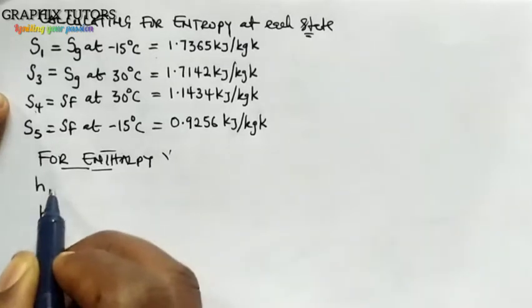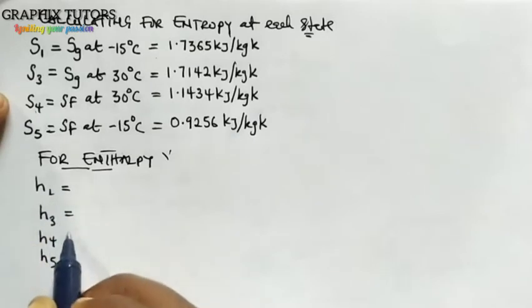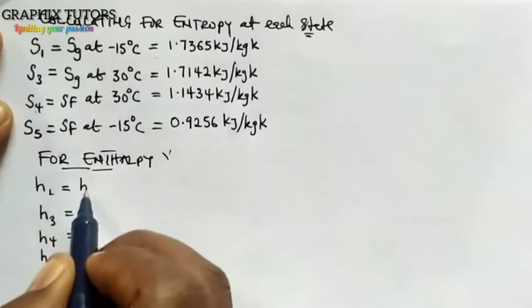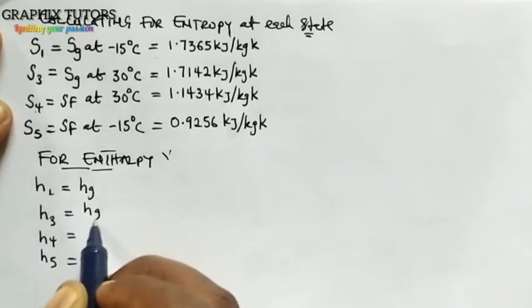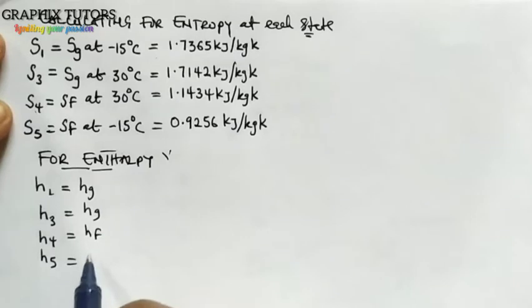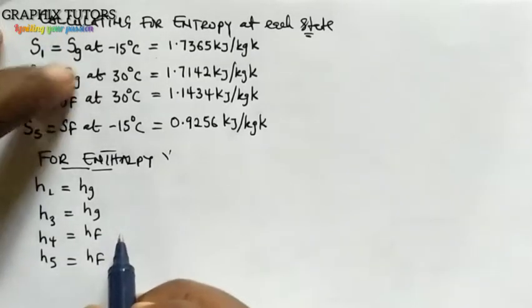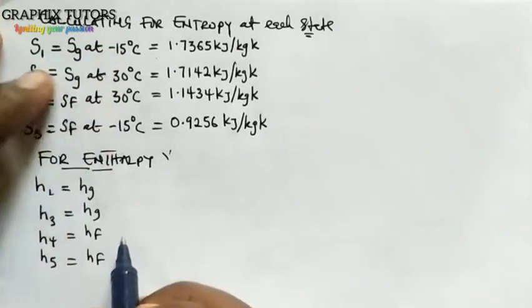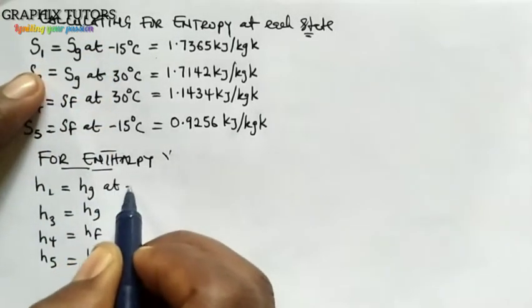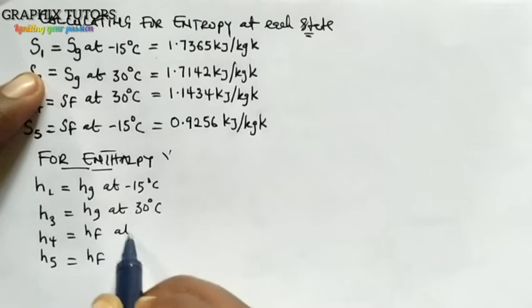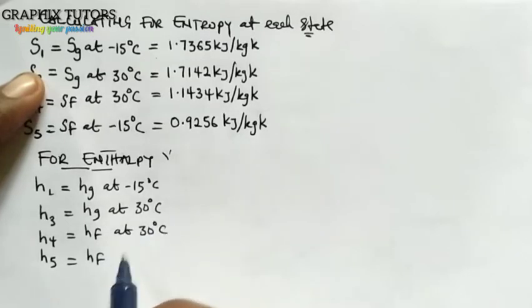H5. Just like we have SG, we'll be having HG, HG, HF, and HF. Just like this. But you change the value to H. Now, just like we have minus 15, 30, 30, minus 15, we also have at minus 15 degrees Celsius, at 30 degrees Celsius, at 30 degrees Celsius, at minus 15 degrees Celsius.